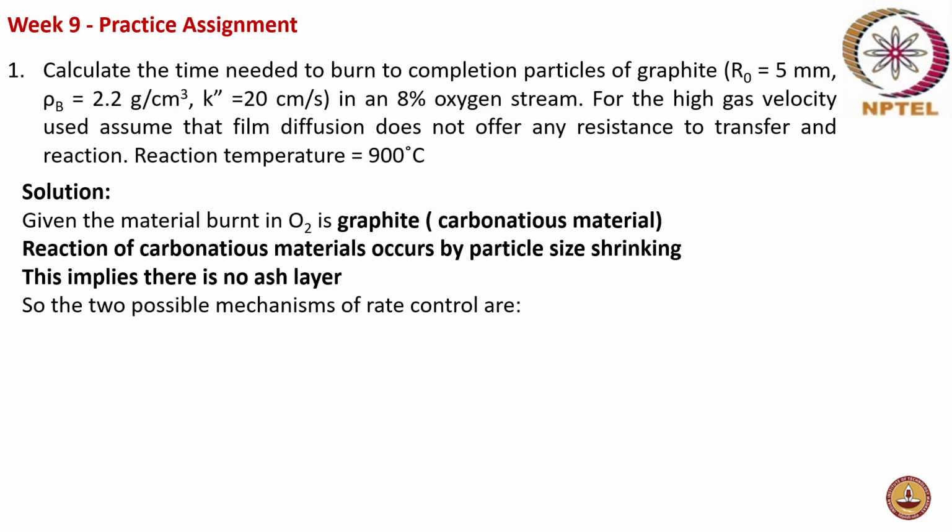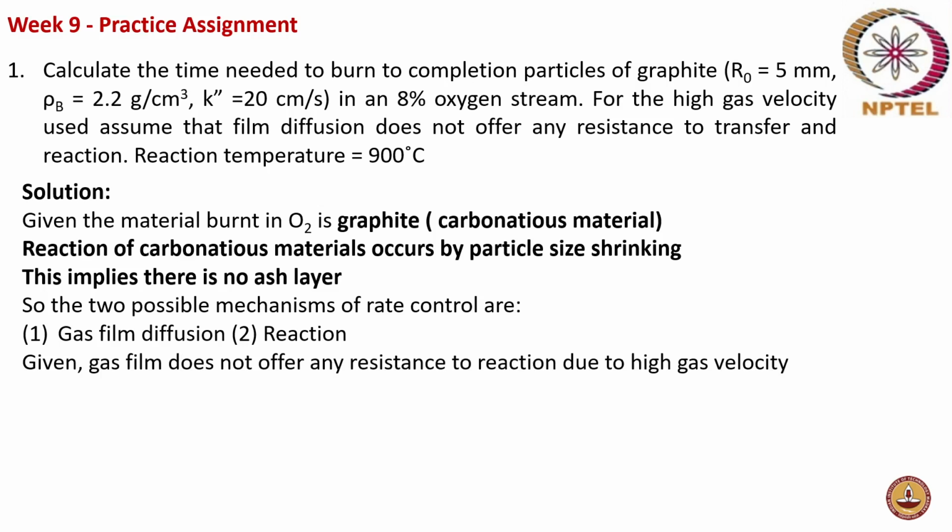So the two possible mechanisms for rate control for this type of reaction, where the particle size shrinks with the reaction, are gas film diffusion and reaction control. They have also given that the gas film does not offer any resistance to reaction due to high gas velocity. That means the only rate controlling mechanism is reaction rate control.